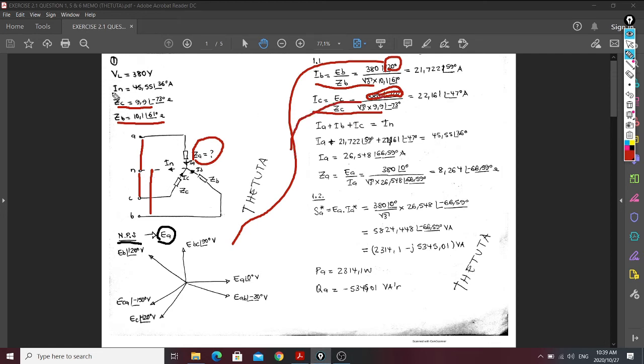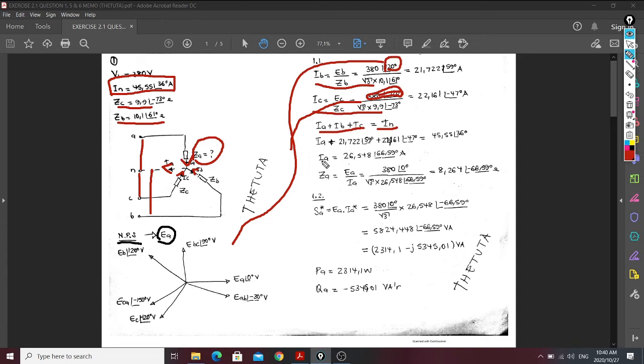But remember, they give us the neutral point. We have a neutral point. So the neutral current is the current that is going away from the junction. The three currents are going into the junction, applying Kirchhoff's current law, Kirchhoff's junction law. The sum of the currents into a junction is equal to the sum of the currents out of the junction, which is the neutral current.